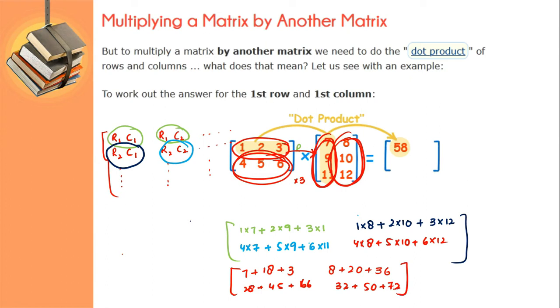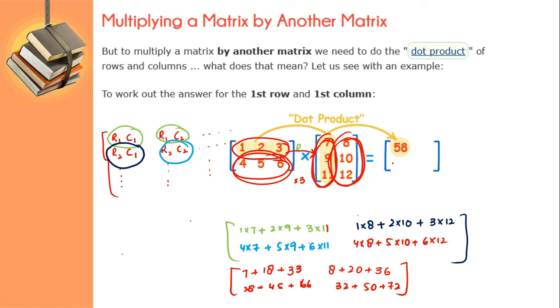Now we will add 18, 7 and 3. Similarly, we will add 8, 20 and 36. Then we will add 28, 45 and 66. Then we will add 32, 50 and 72. When we add these numbers, we will get these 4 answers here.